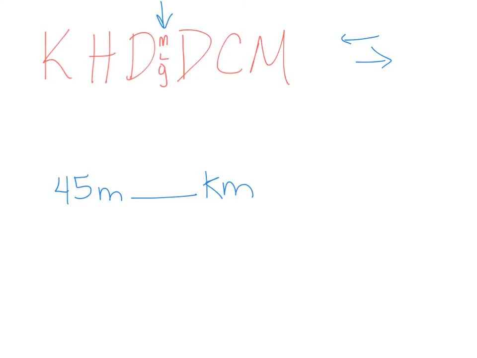Meter, liter, gram are some of the most common ones. So we know we're going from 45 meters at a base unit to kilometers, which is over here. So that shows us that we're moving the decimal to the left however many places. In this case it was 3 places, so it became 0.045.